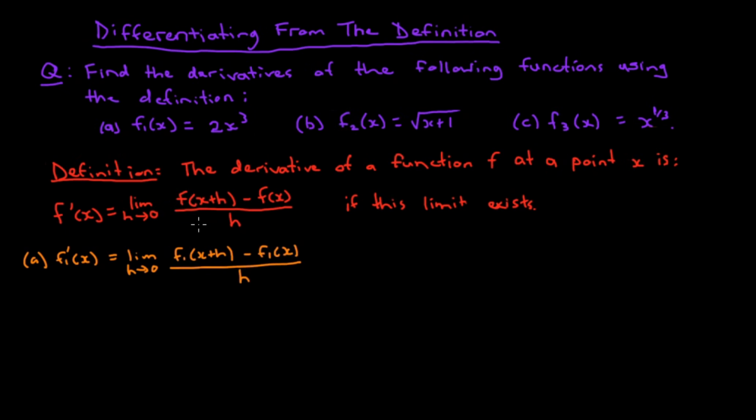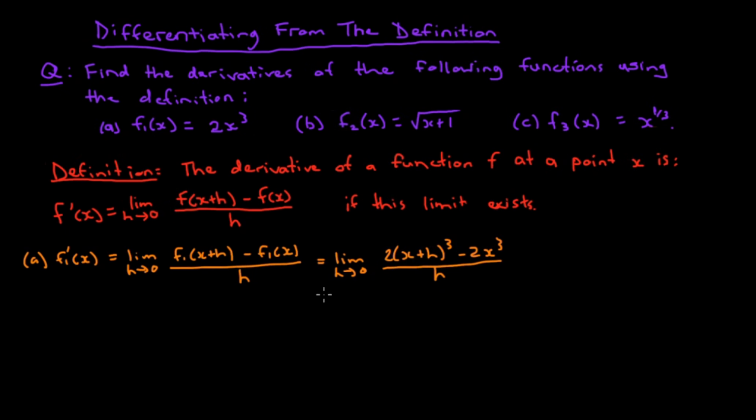And that's just copying from the definition. That equals the limit as h approaches 0, and we substitute in our values for this function. We get 2 times x plus h cubed minus 2x cubed all over h.